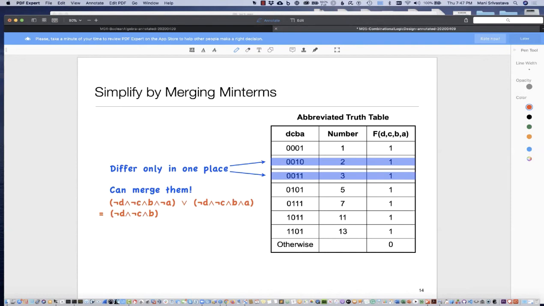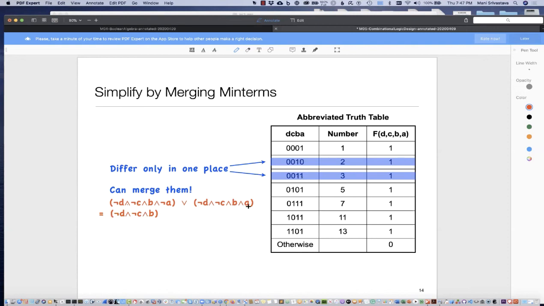The main thing is that the first colored row corresponds to not D and not C and B and not A. And the third colored row corresponds to not D and not C and B and A.